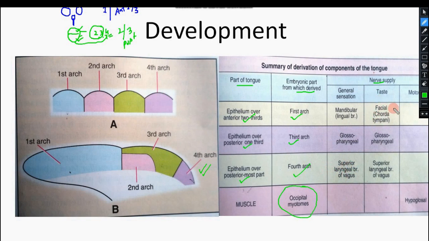For taste, the anterior part is by the chorda tympani, a branch of the facial nerve, the posterior one-third by the glossopharyngeal nerve, and the posterior most part by the superior laryngeal branch of the vagus. Clear? And the muscles developed from the occipital myotomes are innervated by the hypoglossal nerve.